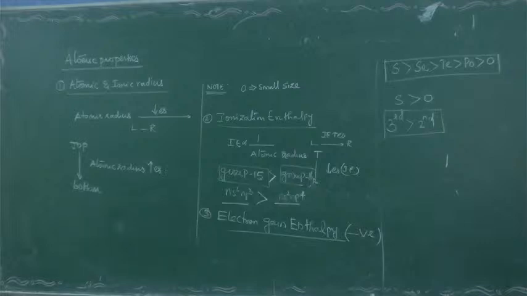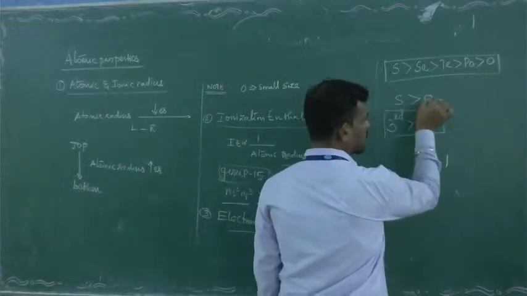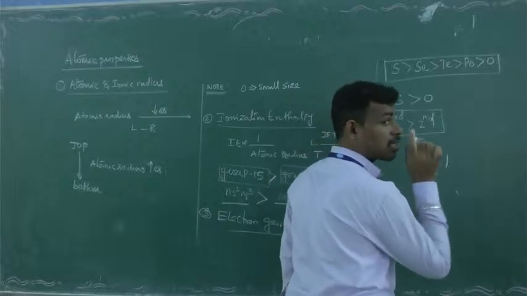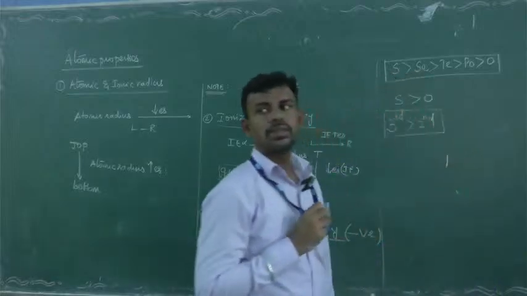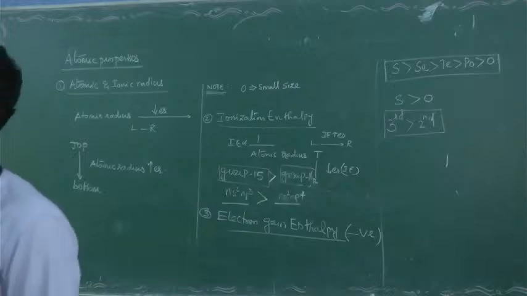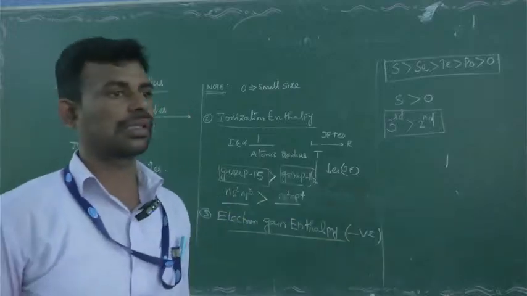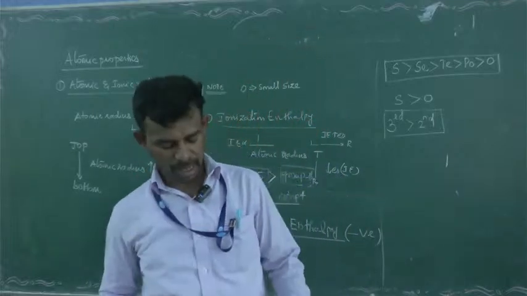So sulfur has a more negative value than oxygen. Oxygen's electron gain enthalpy, in terms of magnitude, is going to be less. Why? Due to small size. Please note this. Clear? Get my point? Yes or no? Yes.